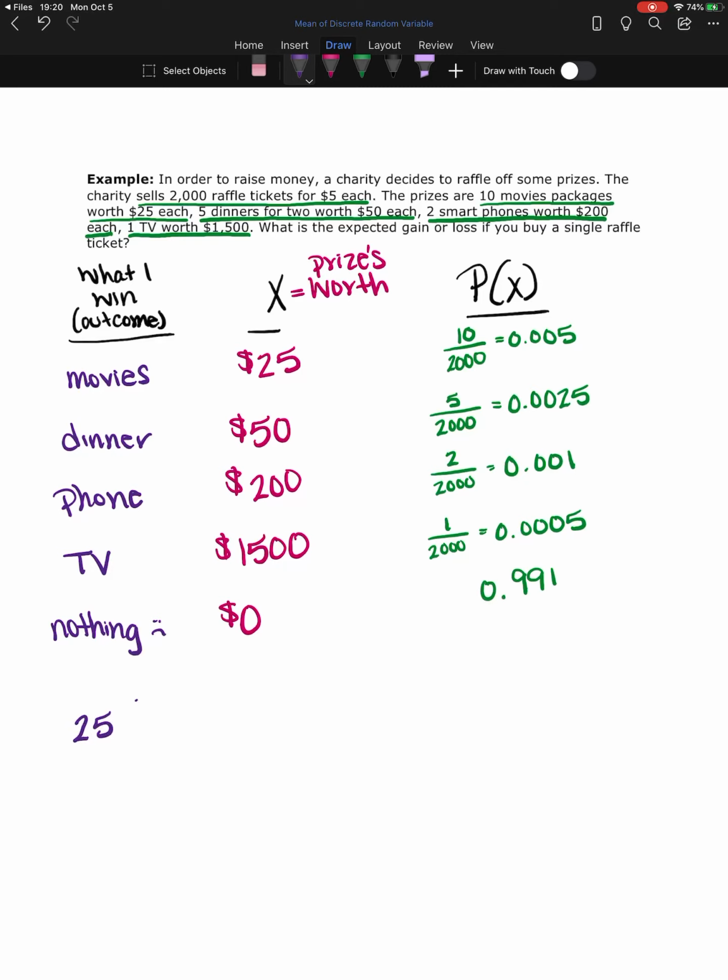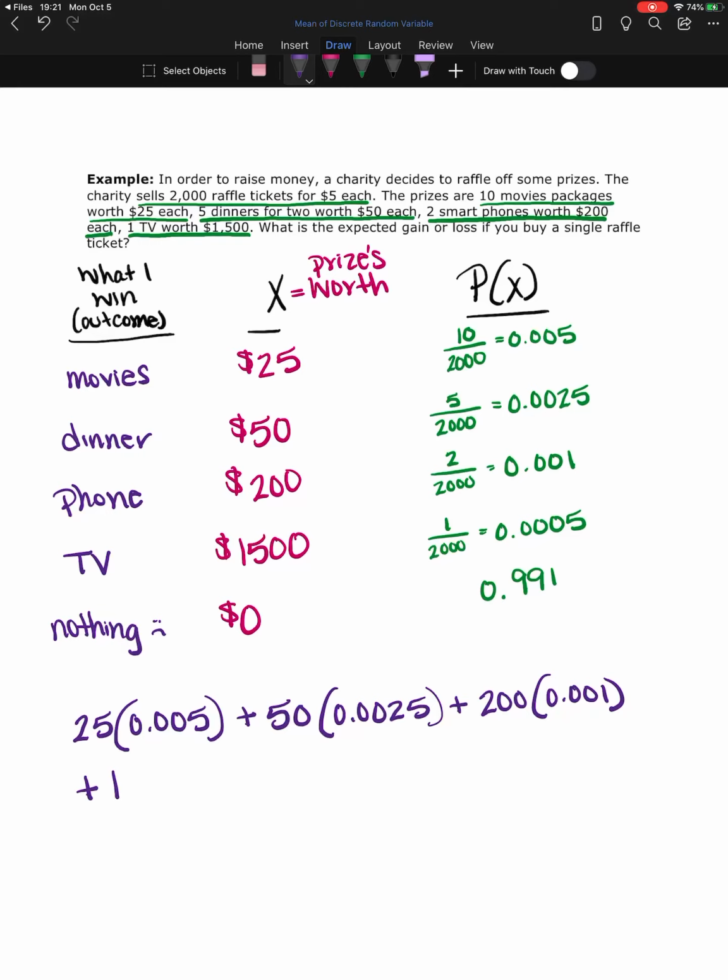So I'm going to take the X, 25, times its probability, plus the next X value times its probability, plus the next X value times its probability, plus the next X times its probability, and then finally we have the last X value times its probability.